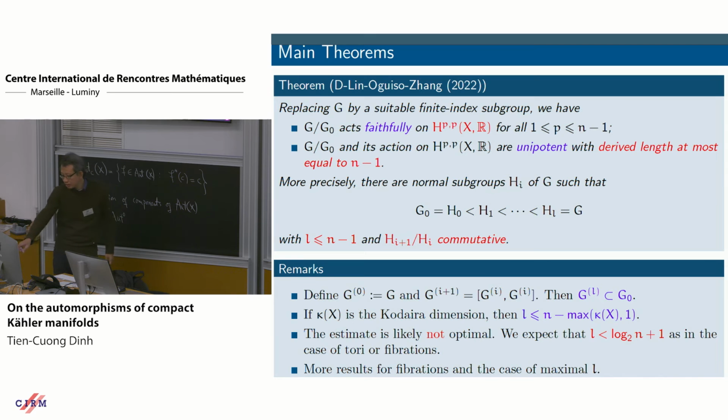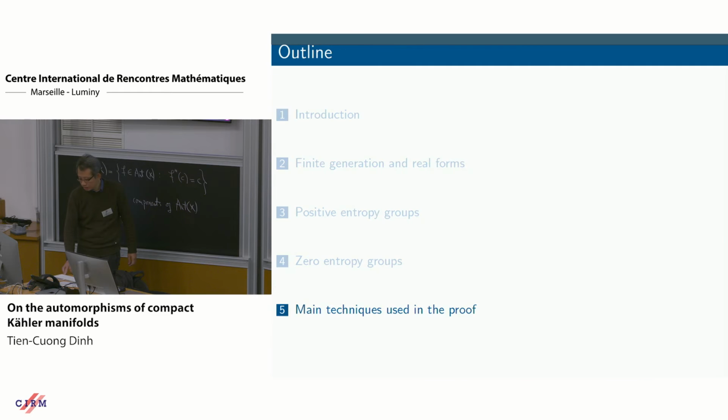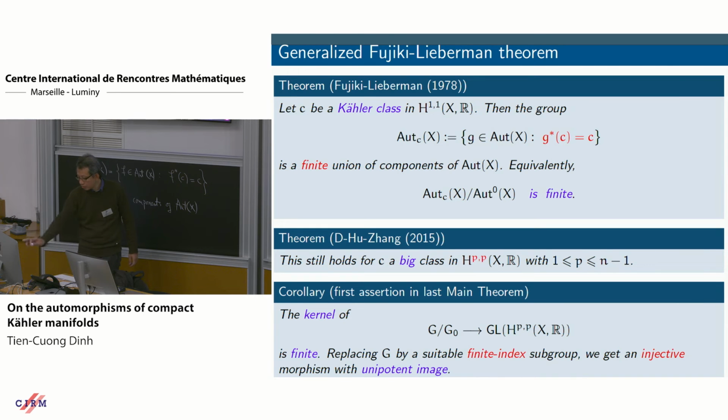So this action is faithful if you replace G by a suitable finite index subgroup. Then you can identify the quotient of G by Z0 with the action on H^{p,p} for any p. Okay, so this comes from the Fujiki-Lieberman theorem.